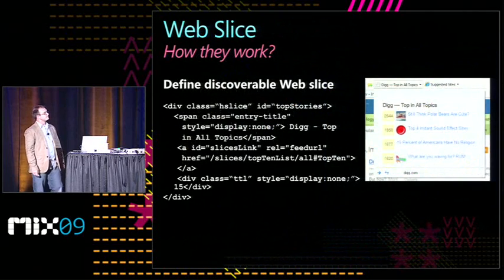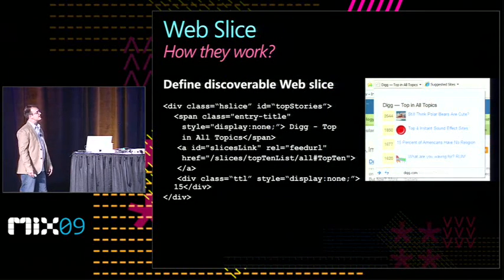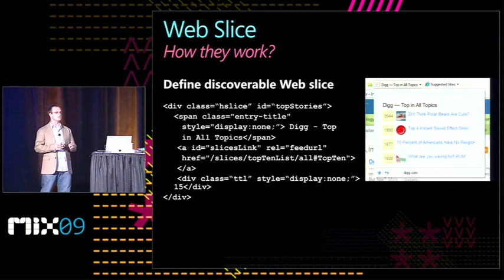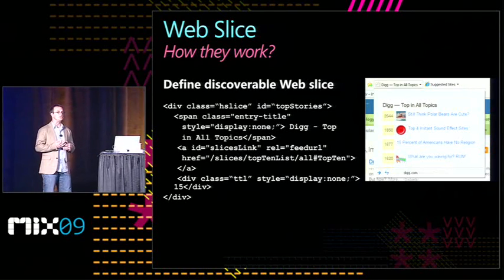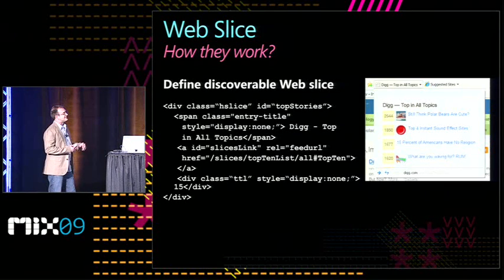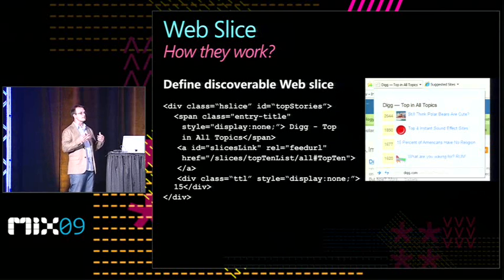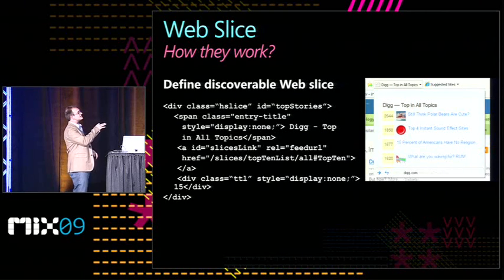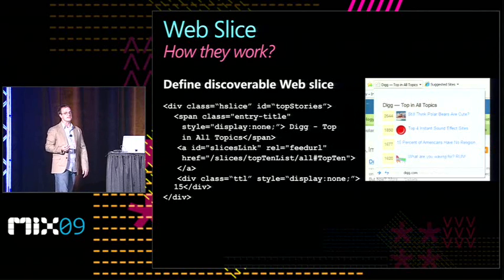So how do they work? Web slices are once again a relatively simple concept, and there's various different ways in which you can implement a web slice. The easiest and probably the least development effort would be to simply consume some feed of data. So in this example, I have a web slice that's simply consuming an XML feed or an RSS feed of content.